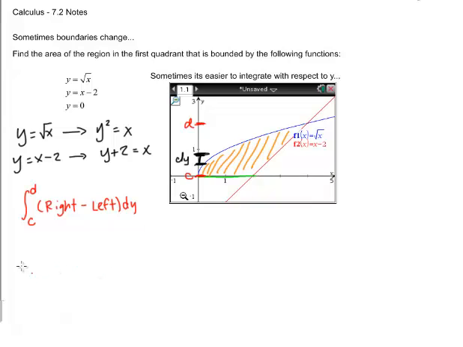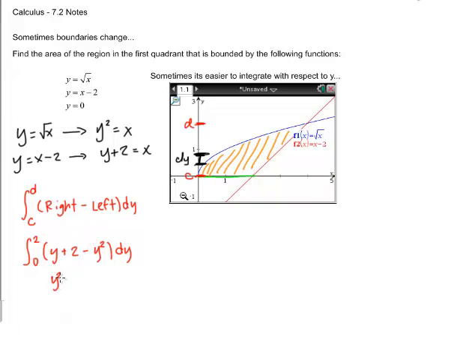dy. And so when I integrate now, I'm going to go from 0 to 2, but I'm going to go with y plus 2 minus y squared. You can punch this into your calculator also, or as you can see right here, it's not a very difficult integration problem.